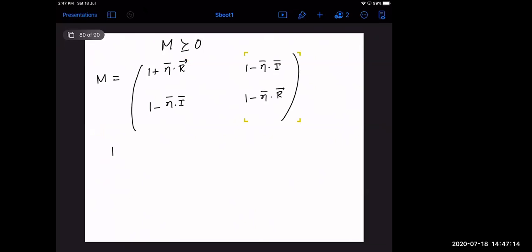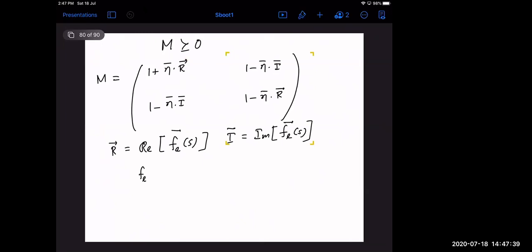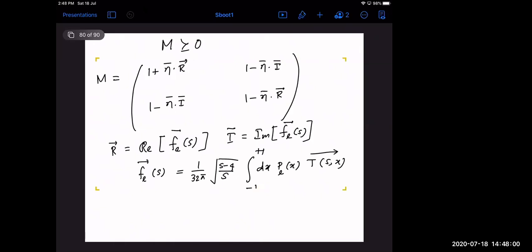And just to recall, R was, and Ri and FLS was, where TSX was constructed in the way that, remember, the usual TSX was by separating out.